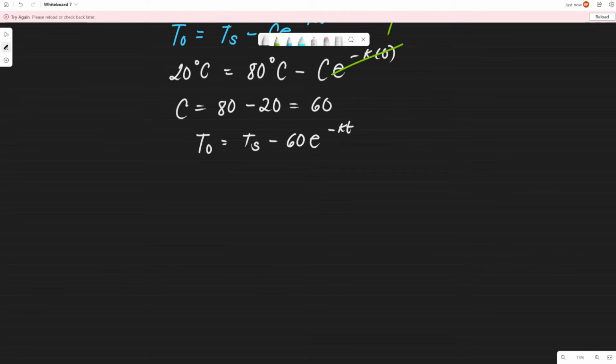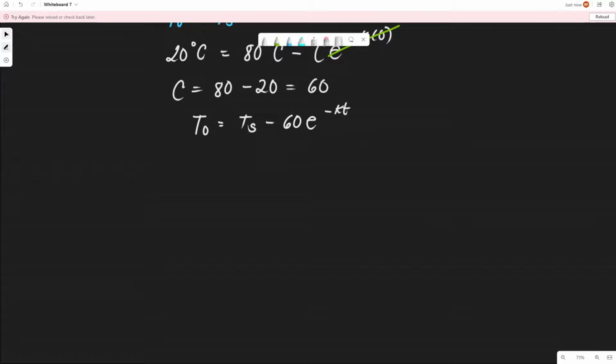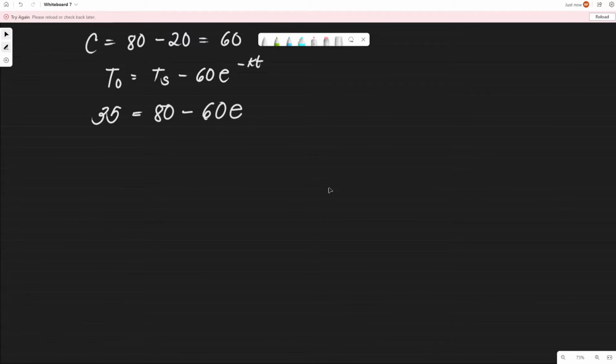What's the value of k? What will we use to solve for k? Of course, the second condition, 35 degrees Celsius. So we have 35 is equal to 80 minus 60 e raised to negative kt. What is our t? That is 1, so negative k times 1 is just negative k.